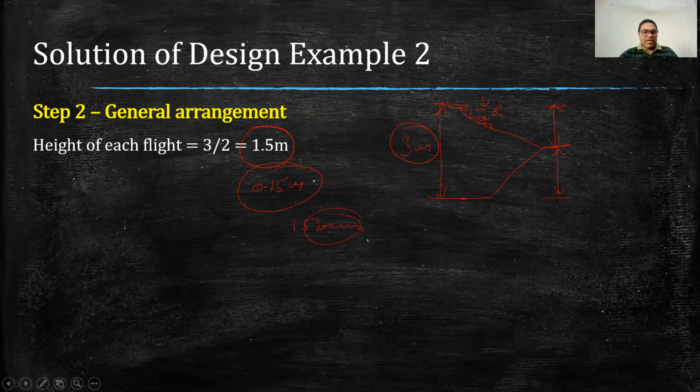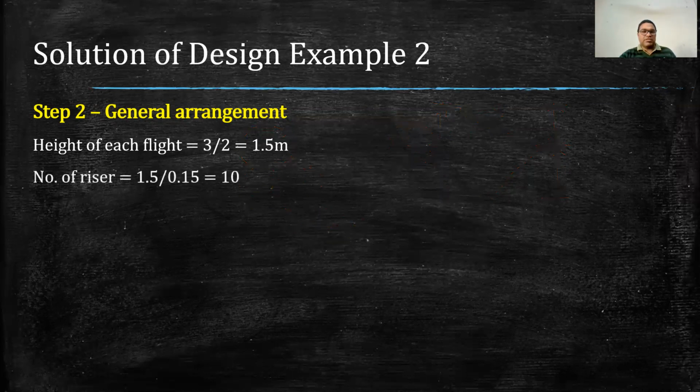So the number of risers can be calculated, which is 1.5 meter, the height of flight, divided by the riser value, and the total number of risers is 10. And generally the number of treads is one less than the number of risers. So if risers are 10, then the treads will be 10 minus 1, which is 9.